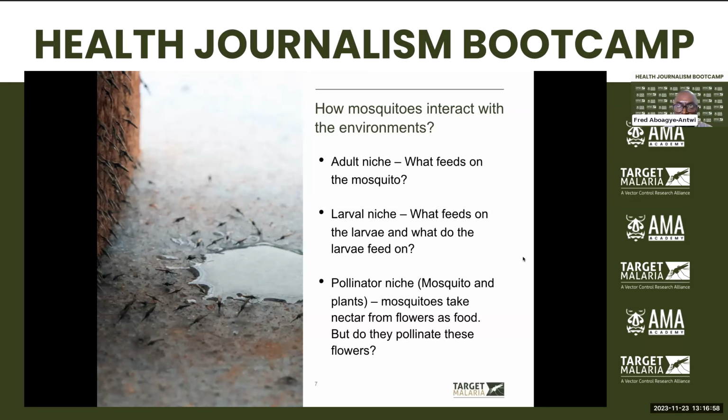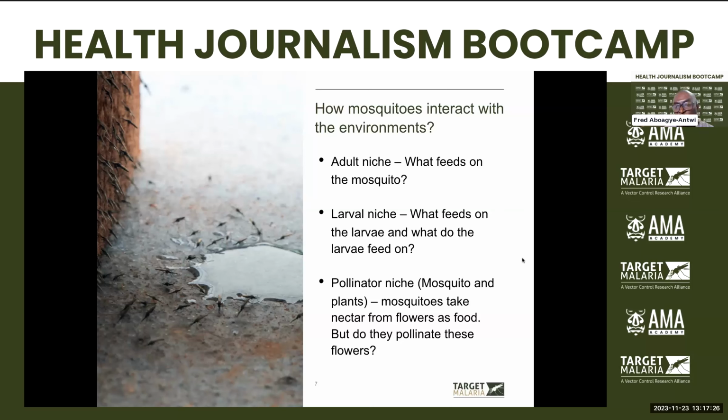And then potentially, these mosquitoes could be pollinators in the sense that they feed on plant juices. So we want to better understand how the mosquitoes interact. First, as adults in the adult habitat, as they fly, how do they interact with other organisms?